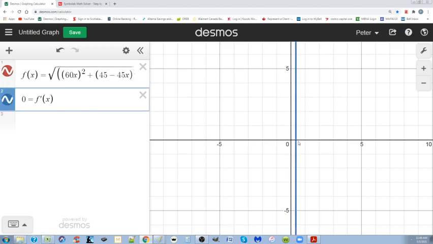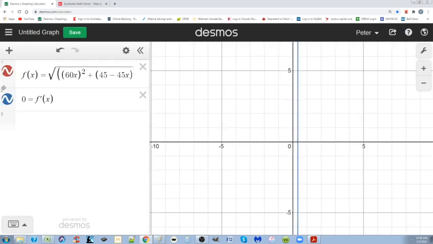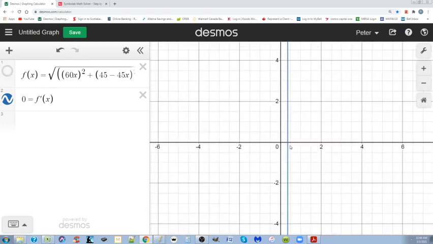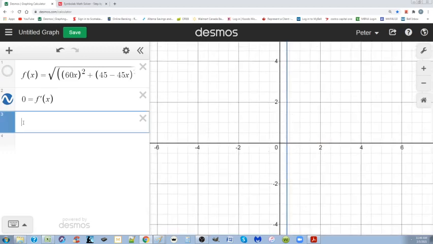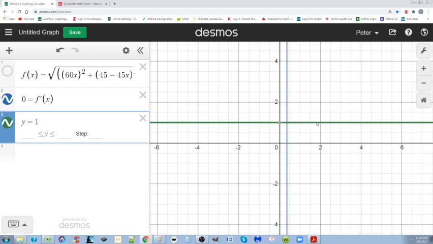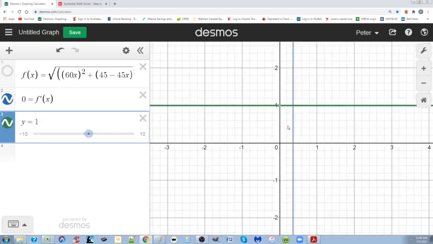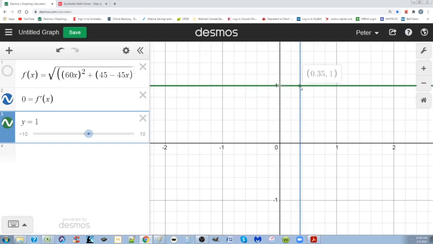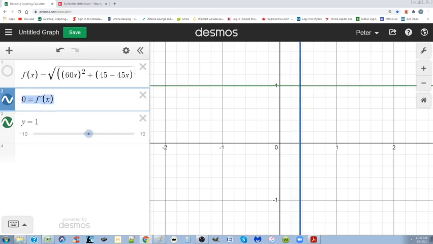Oh, suddenly the derivative jumped. Okay. I'm just going to set a line, y is equal to 1, and see where they cross. So it's saying at 0.3, would help if I knew exactly. Saying at 0.36 is where the derivative is equal to 0. So I think I am on the right track.